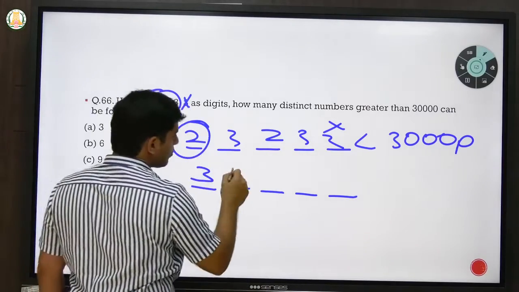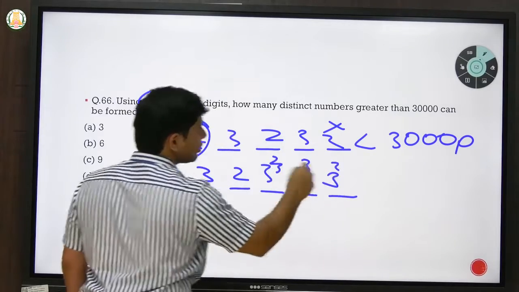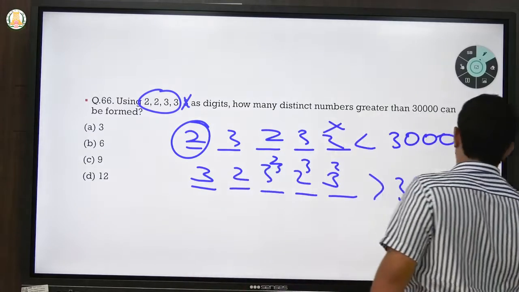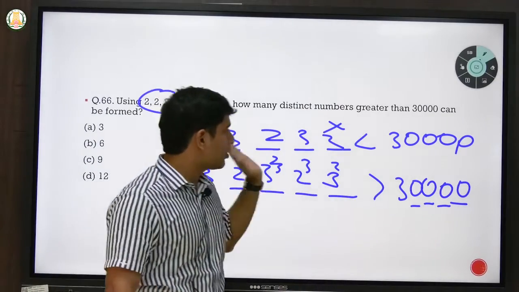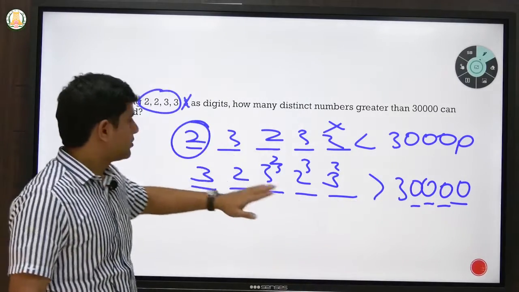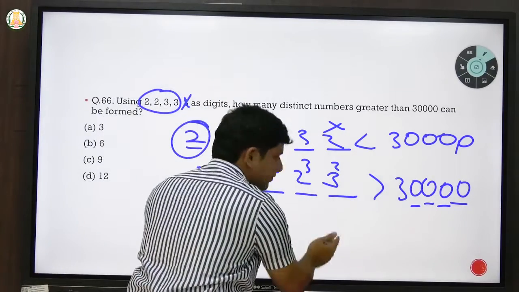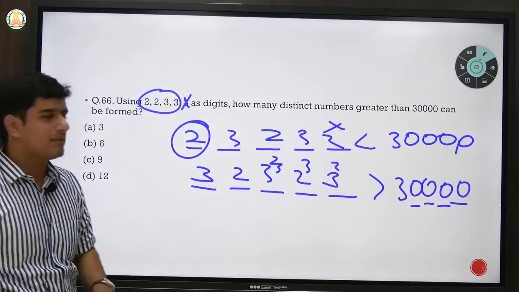Whatever combination you put, 2 3 2 3 or 2 3 3 3 2, it will always be greater than 30,000, because each of these digits is greater than 0. 2 is greater than 0, 3 is greater than 0. So this will automatically be greater than 30,000. All you have to find out is how many possible ways you can arrange 2 and 3 in these 4 blanks. That is the number of numbers which will be greater than 30,000. Okay, as simple as that.